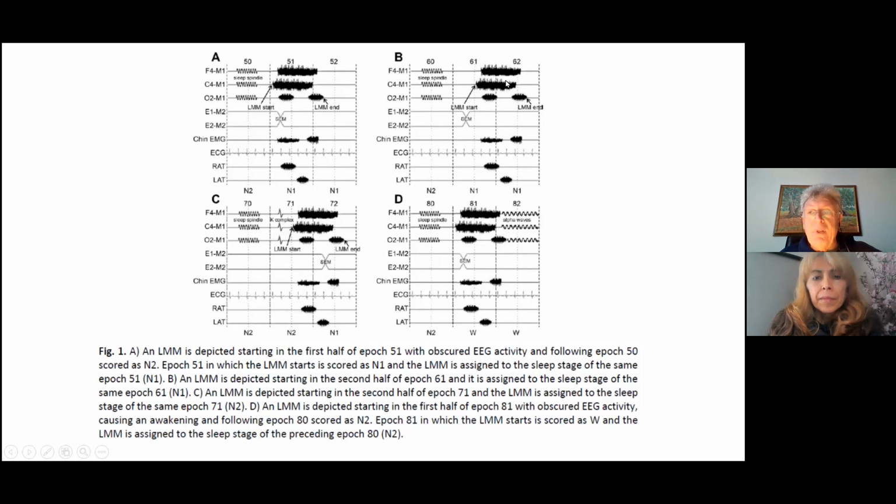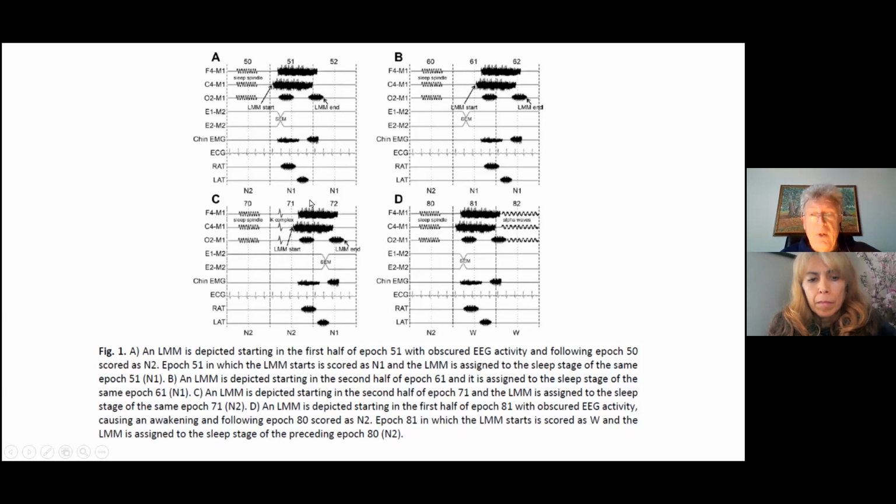This example is almost the same. This occurs in the second part of the epoch, but it is always scored N1, okay? But look at this. In this case, the leg movement, the LMM, starts in the second part of an epoch that is scored as N2 because the first part of the epoch contains a K complex, so it is continuing N2.